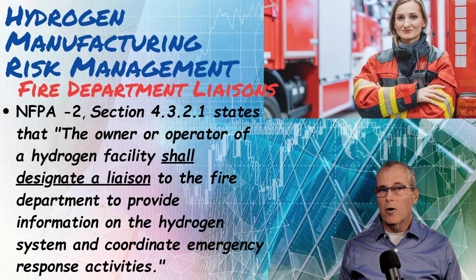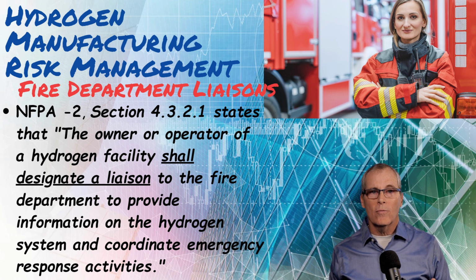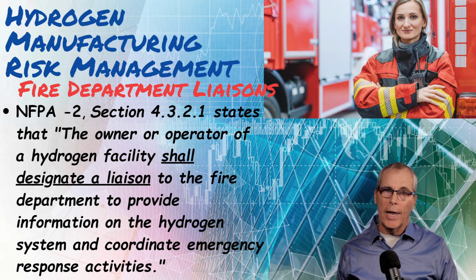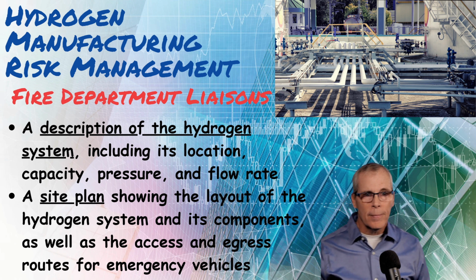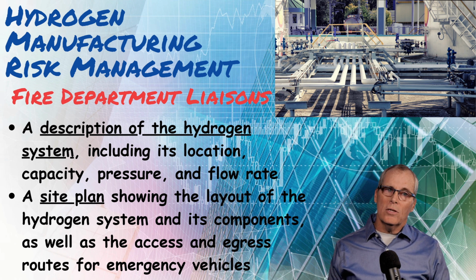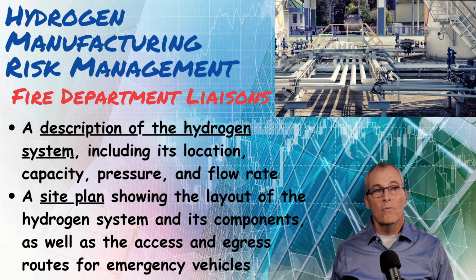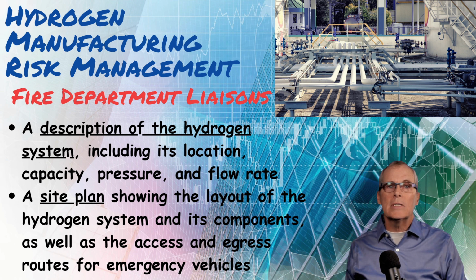It's very hazardous to bring people in from outside of your plant maybe once a year, and then they come in during an emergency at night and you expect them to just know where they're going. So we need someone to be with them. One of the things that the fire department liaison provides to the fire department is a description of the system.